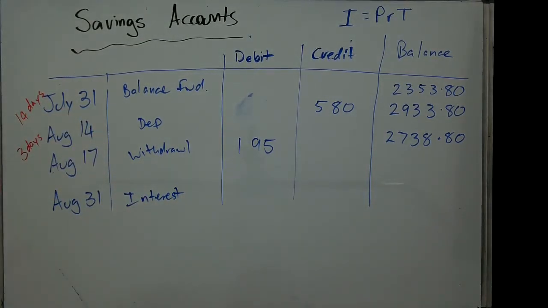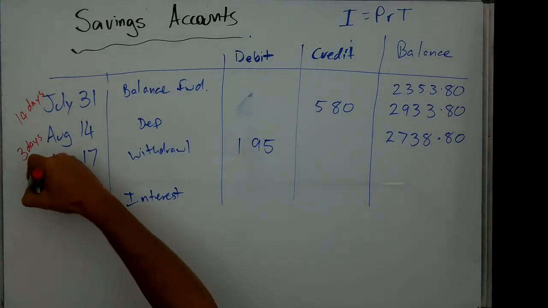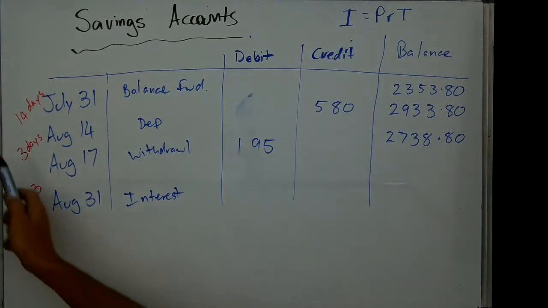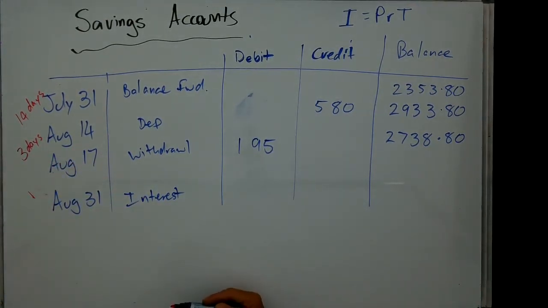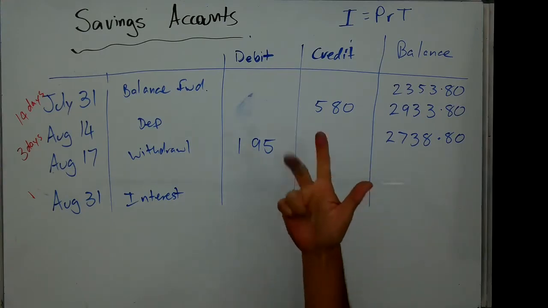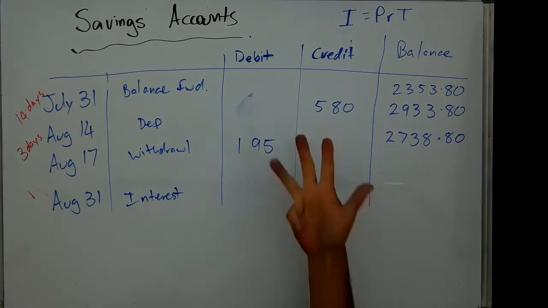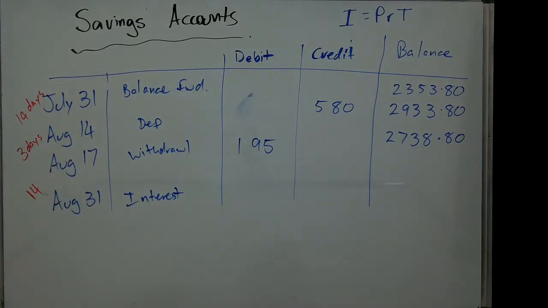And then from the 17th to the 31st is 13. And I'm just going to check, 17, 18, 19, 20, 21, 22, 23, 24, 25, 26, 27, 28, 29, 30. It is 14 days. Don't be embarrassed to use your fingers. Got them on your hands.